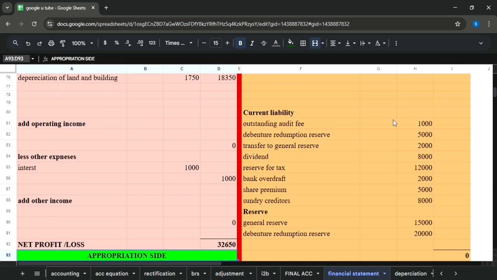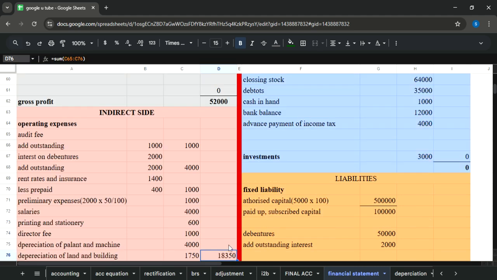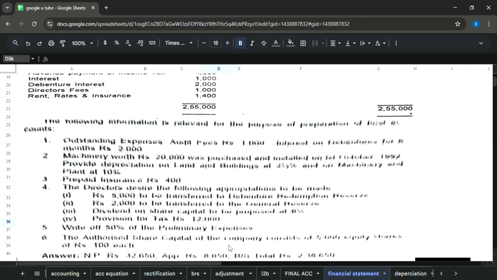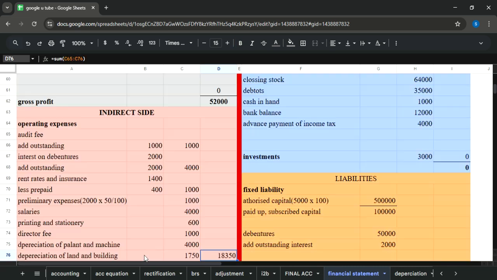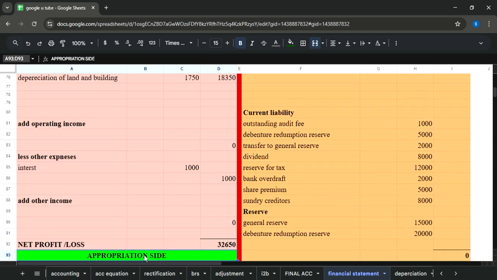So what we have got is 32650, this one. Now let's check it out, answer which is present in our book. So here you can see 32650 is your net profit, and what we have calculated is also 32650. So 2 out of 5 parts are completed.